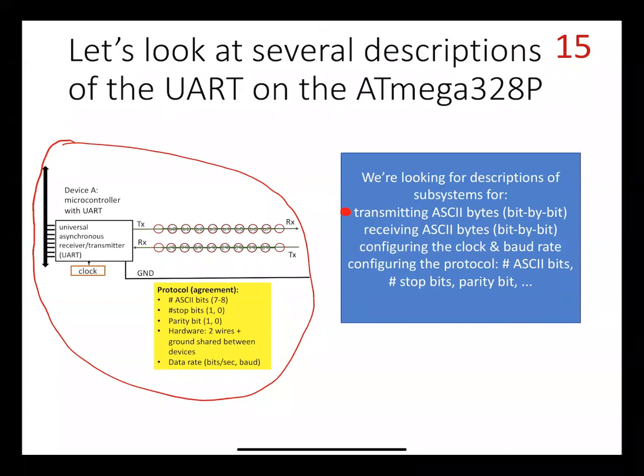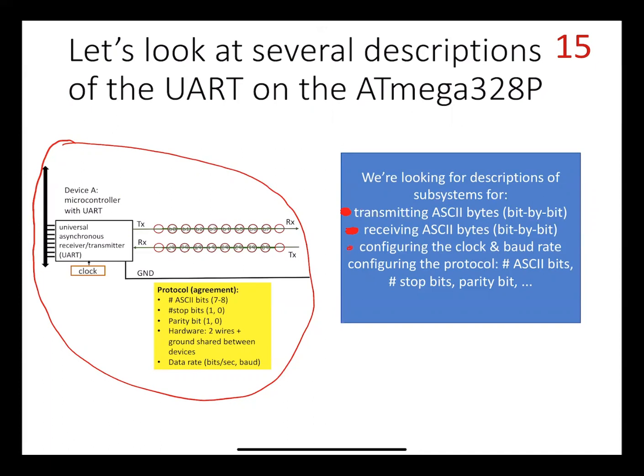So we want to know, how does it grab an 8-bit word off of the data bus and then transmit that? It means clock it out bit by bit over the TX wire. And then on the receiving end, how does it take incoming data bit by bit, turn that back into a byte, and then send that back into memory?